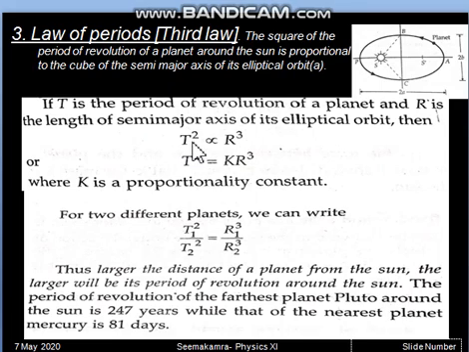So put T1, r1 and T2, r2, make two equations and divide them. Whenever we divide two proportional equations, they get converted to an equal sign. So this way T1 square upon T2 square equals r1 cube upon r2 cube.